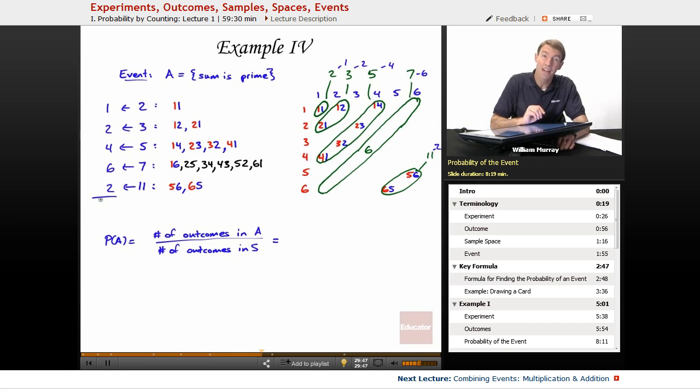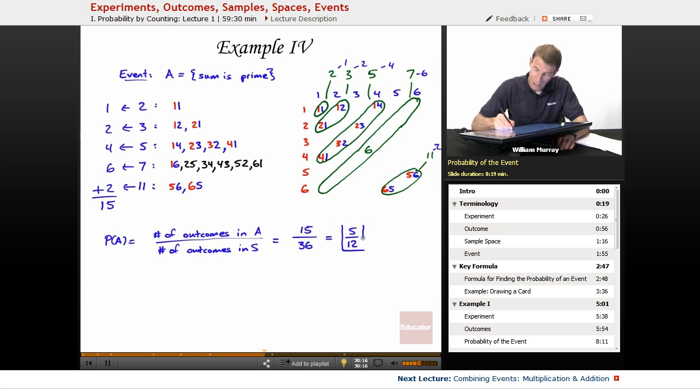And then if I just add all those numbers up, I see 2 plus 6 is 8, plus 4 is 12, plus 2 is 14 plus 1 is 15. So I get 15. And then remember the total number of outcomes in S, that was the total size of this chart, which was 36. Looks like 15 and 36, I can reduce that if I take a 3 out of each one, reduces down to 5 over 12. So that's my probability.